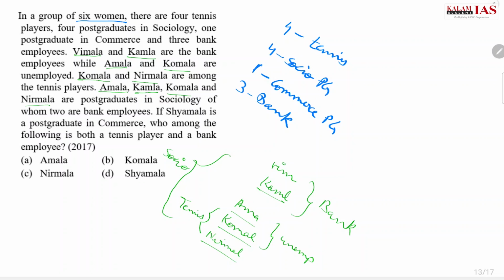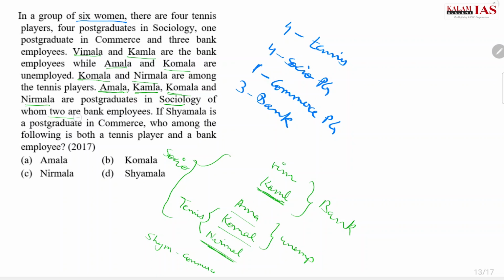If Shamala is postgraduate in commerce, Shamala, commerce. Again, in this one, more information. Amla, Kamla, Komal and Nirmala are postgraduates in sociology, of whom 2 are bank employees. So Kamla is already a bank employee, and these 2 are unemployed.